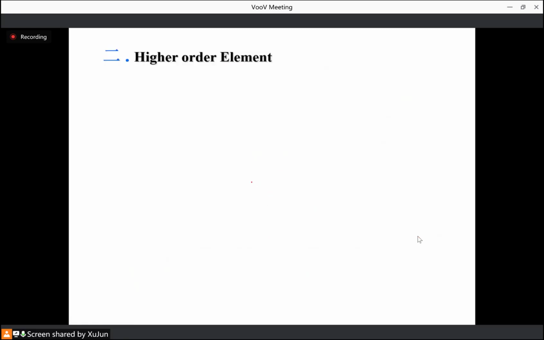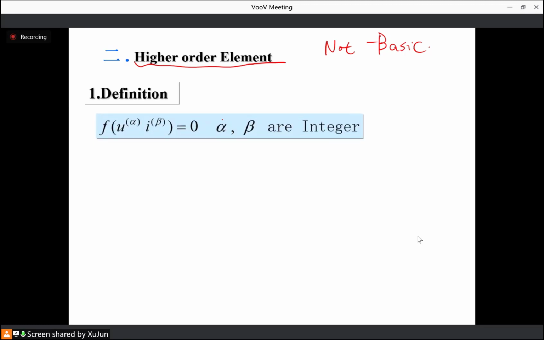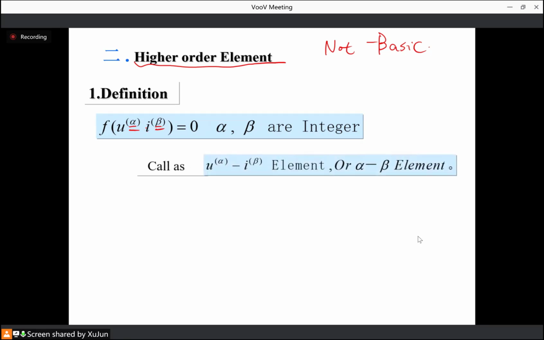Okay, we'll introduce another kind of component, high order component. This is not a basic component. So high order means the definition U(α), I(β). Pay attention, this U(α), this I(β) means the differential. Alpha, beta means differential.